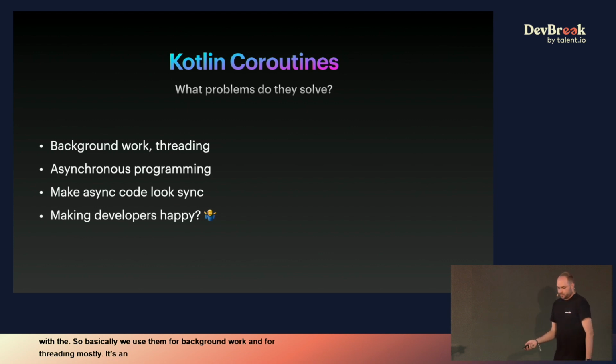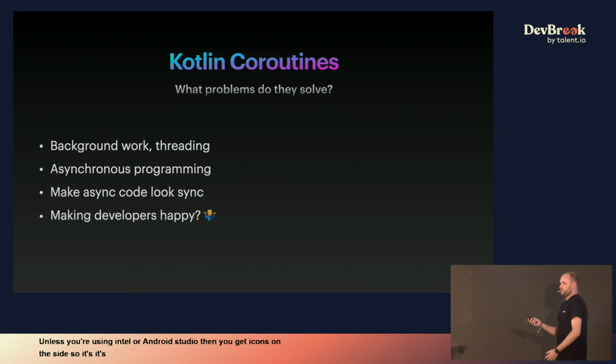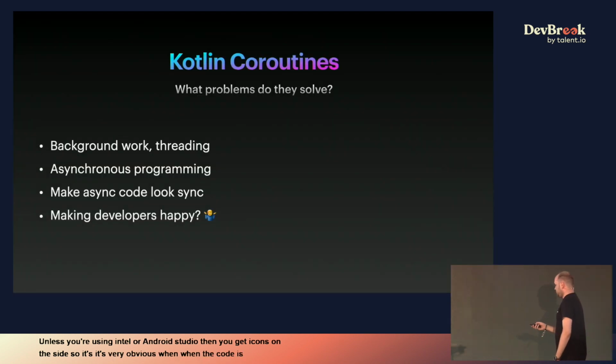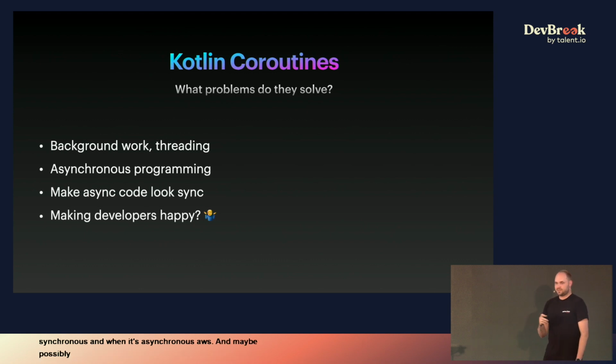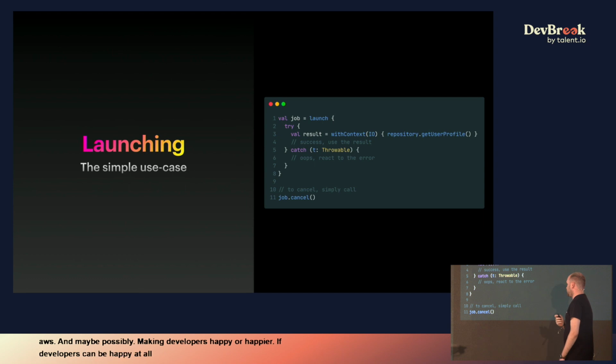It's an asynchronous programming framework, and they make asynchronous code look synchronous. Unless you're using IntelliJ or Android Studio, then you get icons on the side, so it's very obvious when the code is synchronous and when it's asynchronous. And maybe, possibly, it's making developers happy or happier, if developers can be happy at all.